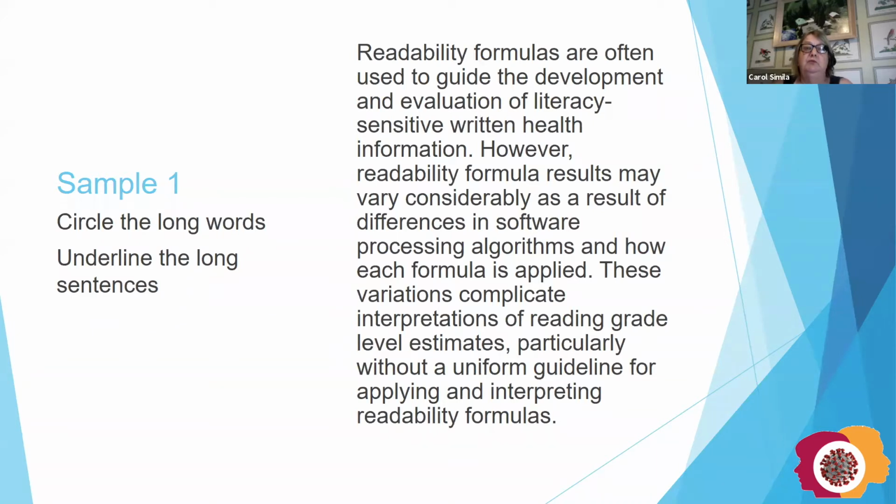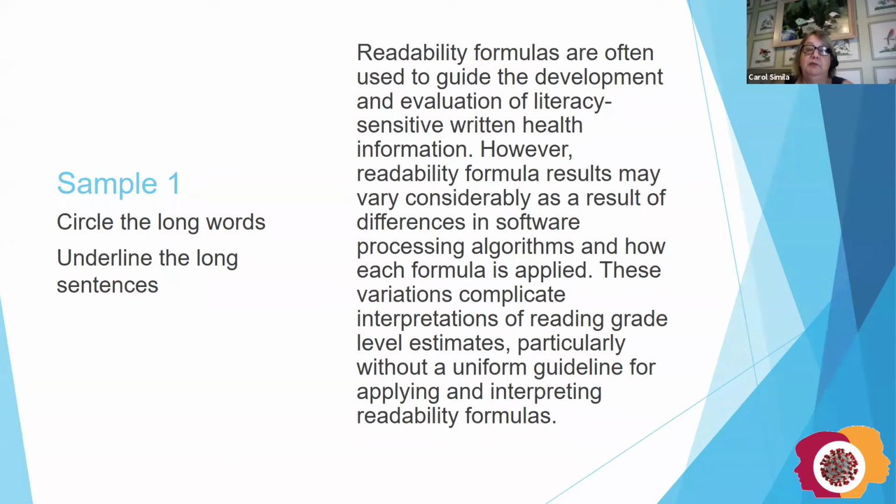Remember, a long word has more than 2 syllables, and a long sentence has more than 20 words. I'll read through it slowly, and you can think about what are long words and what are long sentences in this 18th grade level text. Readability formulas are often used to guide the development and evaluation of literacy-sensitive written health information.